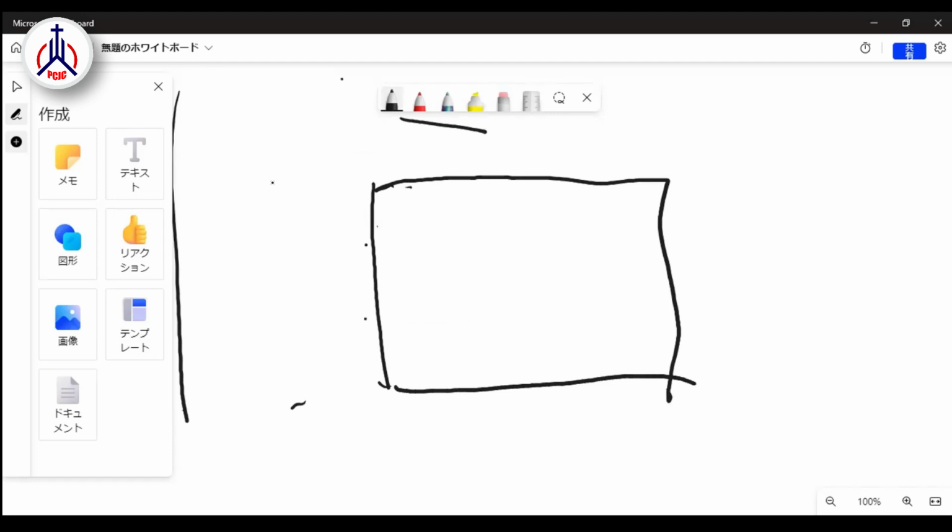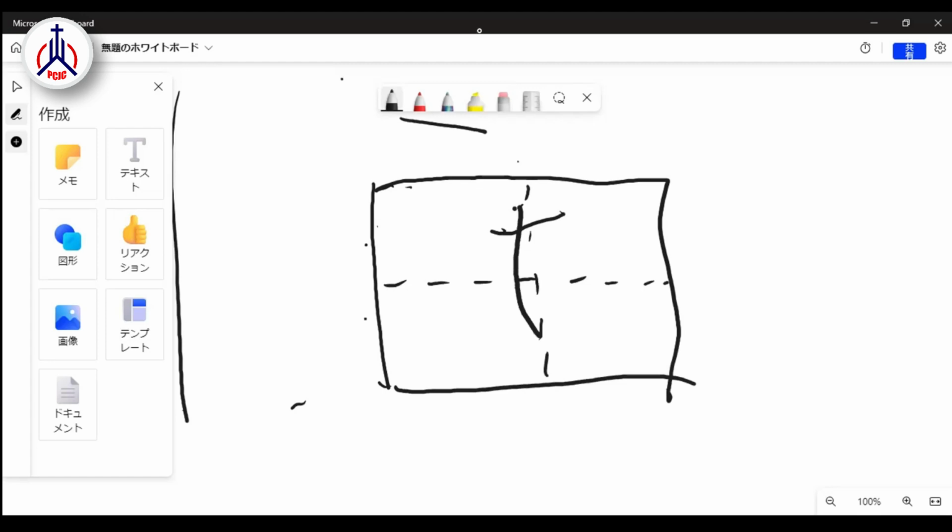From here, go a little up in the middle of the horizontal part, and then the vertical part is not straight but a little curved, like this.